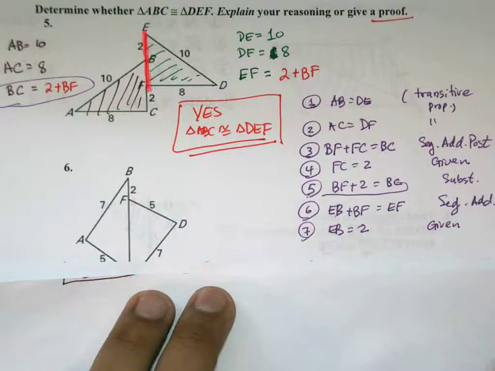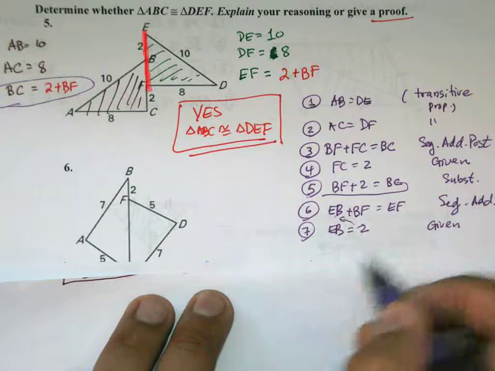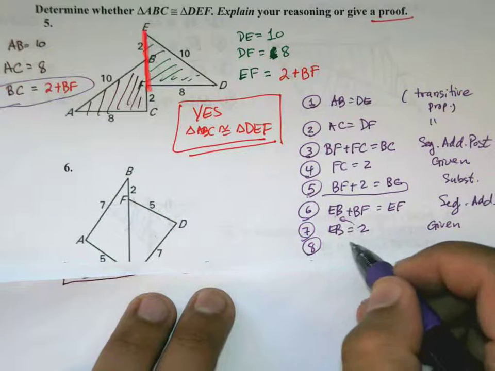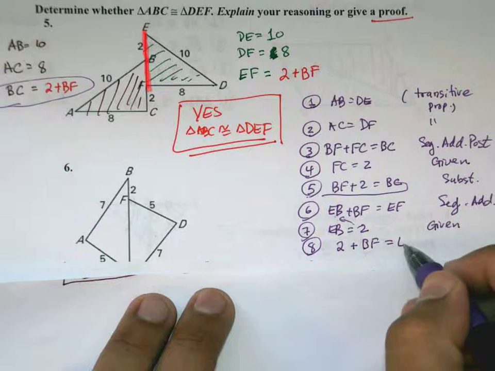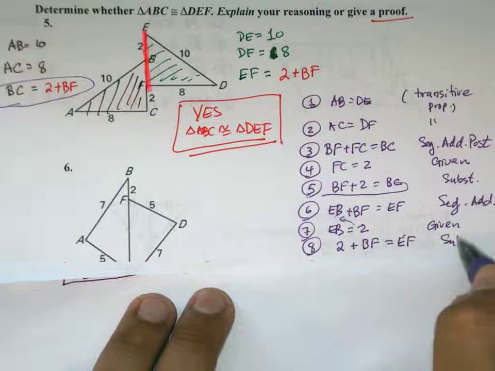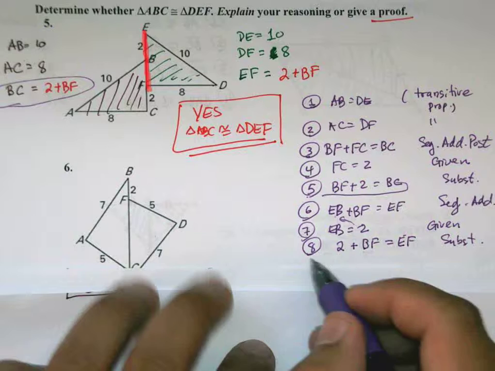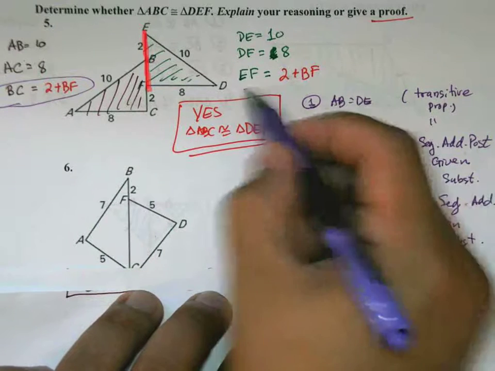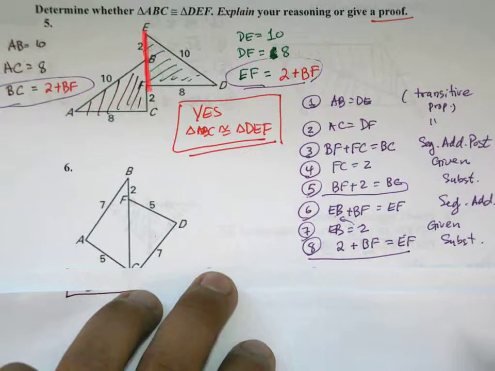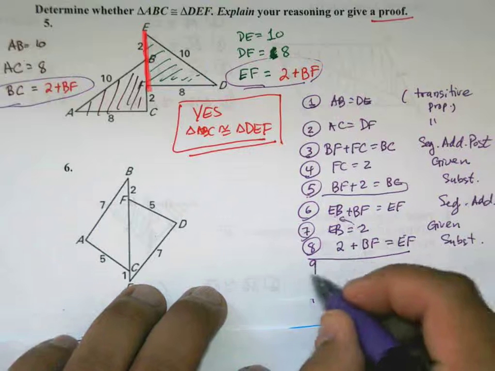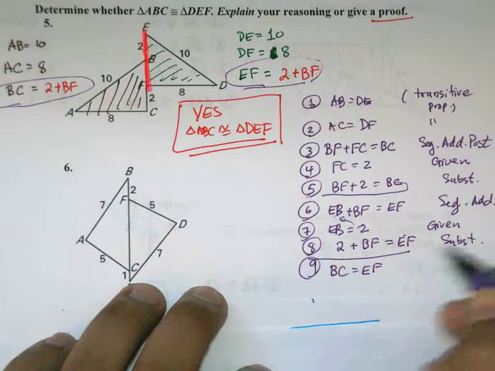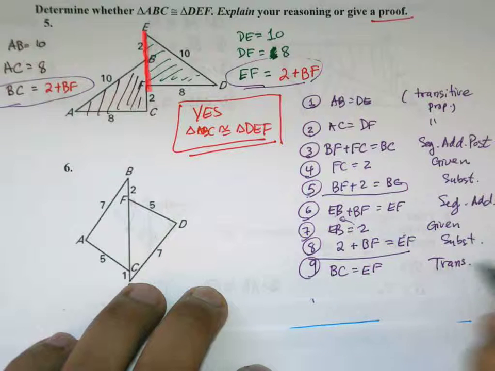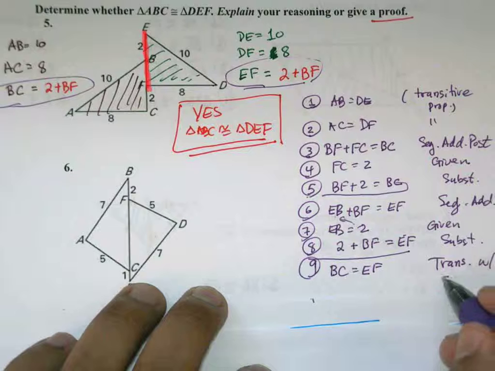And so now we can take this and substitute it back in there. So 2 plus BF equals EF. And now we have these two statements. That's the same thing as what we have up here. So if we use statements 5 and 8, we get that BC is equal to EF, and this is the transitive property with statements 5 and 8.